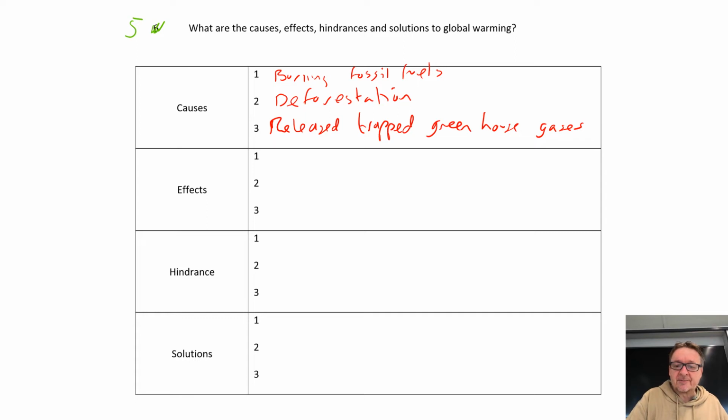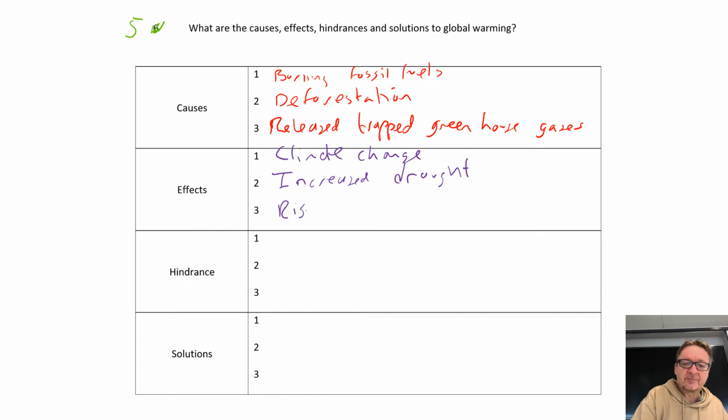The effects: what effects are all these things having on us? We're having climate change, where temperatures are changing all over the world. We're getting increased drought. I don't think we're ever going to suffer from that in England. And we're going to have rising sea levels.